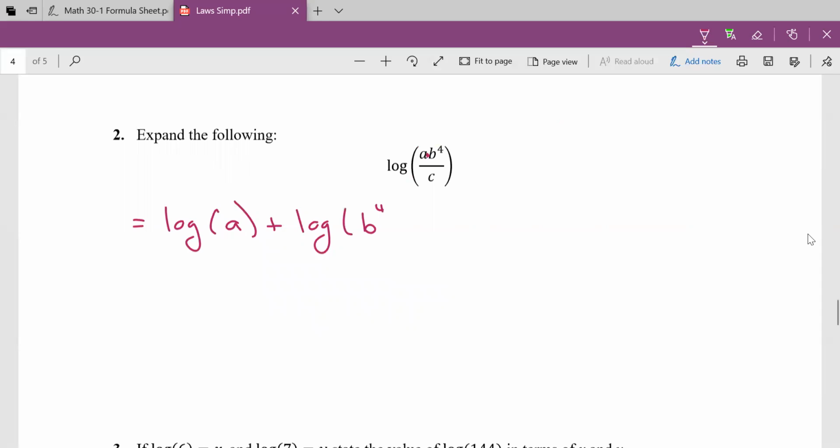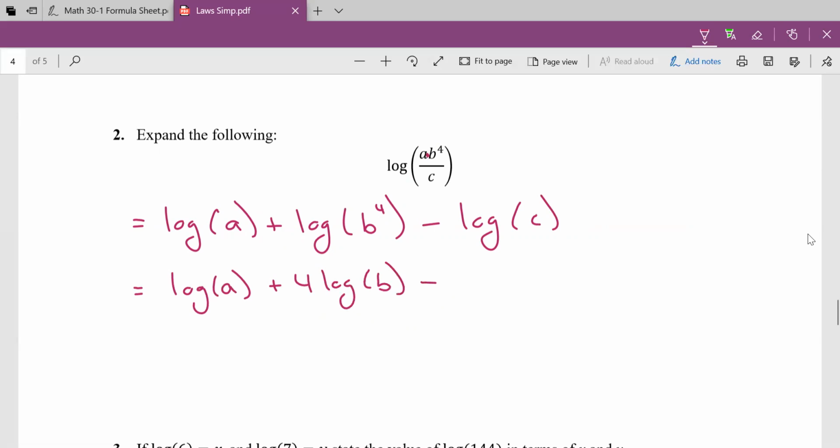Just like that. And if I'm being divided, that means there's a subtraction in between. There it is. That's the expansion. Now, we could take this one step further if we wanted to, and I could take that exponent and make it a coefficient. There it is. All right, there's the expansion. Easy peasy.